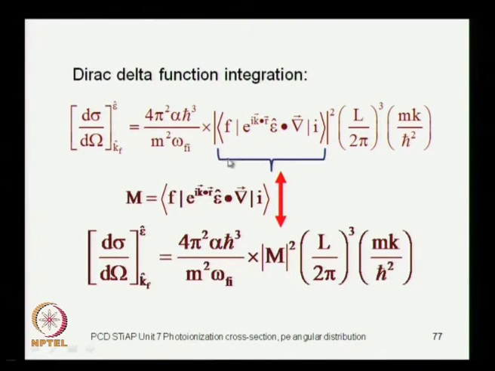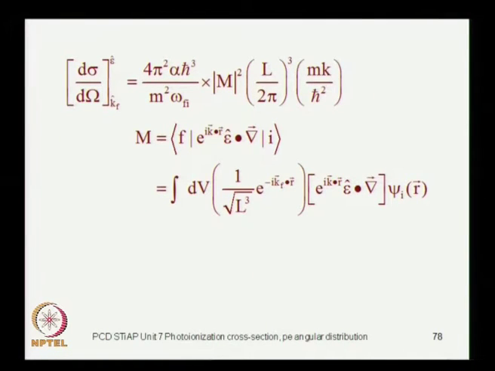So, now we are going to have to take some specific interest in this matrix element. This is the matrix element of this operator between the states I and F, which I have written as M. You have the square of the modulus of M, which I have written here. And we will discuss the implications of this matrix element, which is the transition matrix element for the transition from the initial state to the final state.